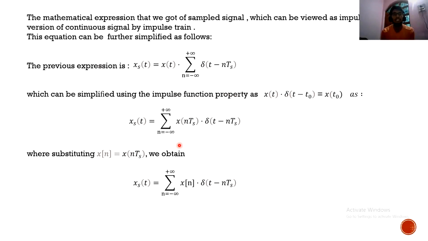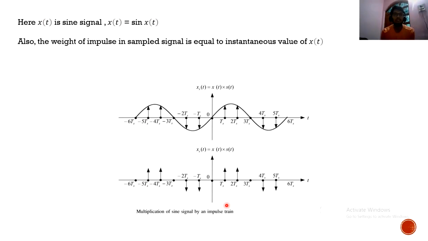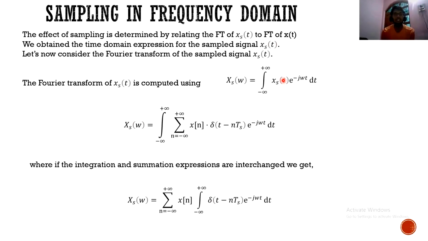Then we can elaborate it in this way, and after substituting the value between discrete and continuous time, we will have our final equation for the time domain. If one wants to calculate the weight of the impulse in the sampled signal, he or she can do so by taking the instantaneous value of the continuous time signal at a particular sampling period.